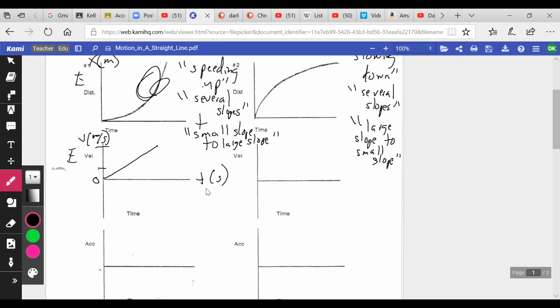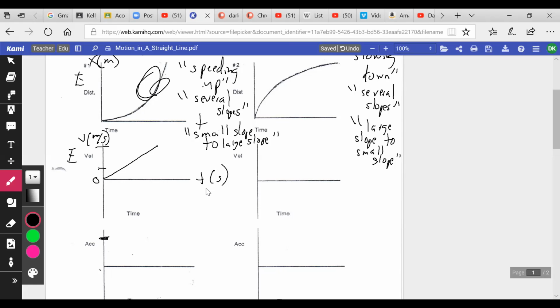So this constant slope means constant acceleration. How would we show constant acceleration down here? The acceleration doesn't change. It doesn't increase or decrease. How would we show that? Let's say that we have an acceleration, just put a dot line there. How would we show this is the same for all time?